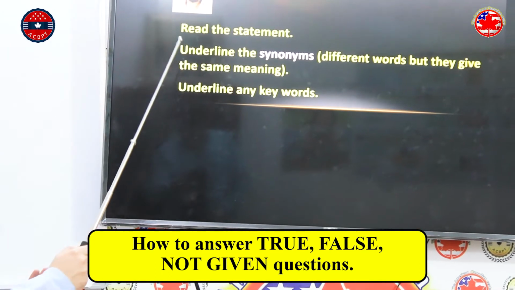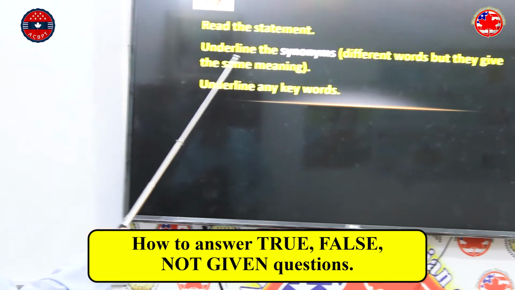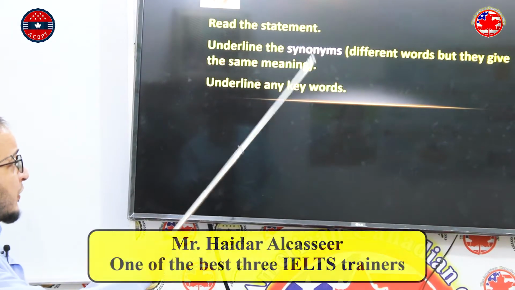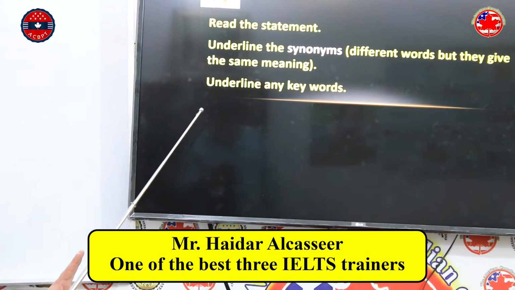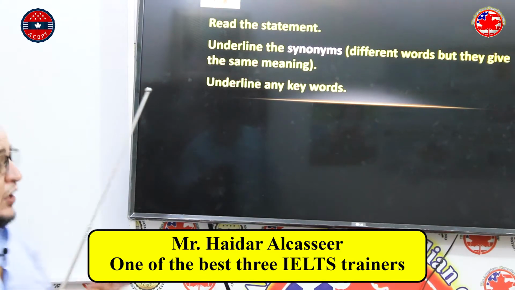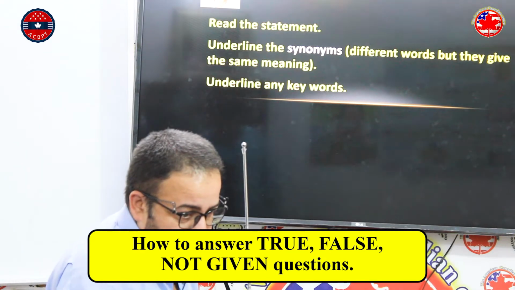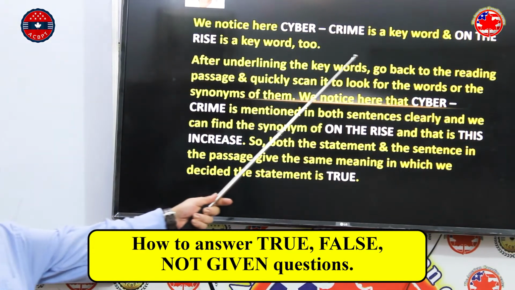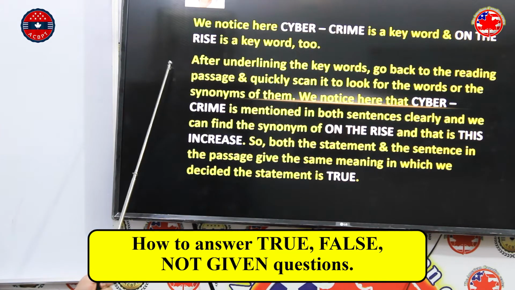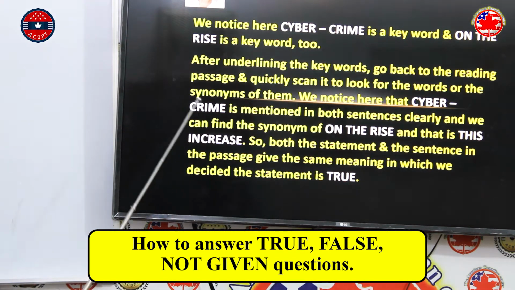Read the statement. Underline the synonyms. Synonyms are different words but they give the same meaning. And underline any key words. We notice here cybercrime is a keyword and on the rise is a keyword too.